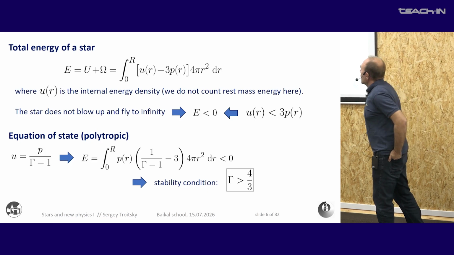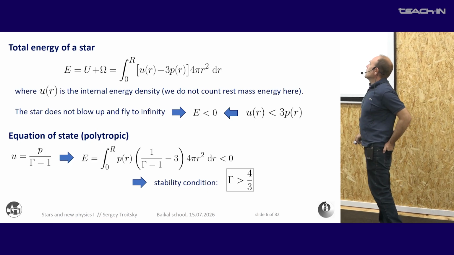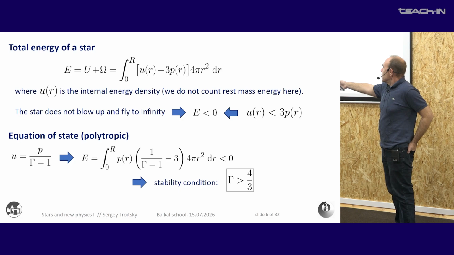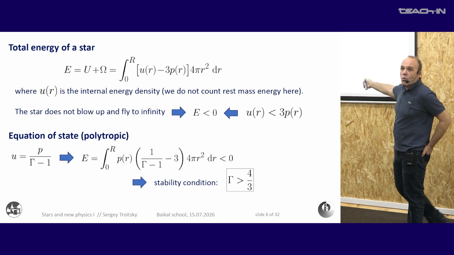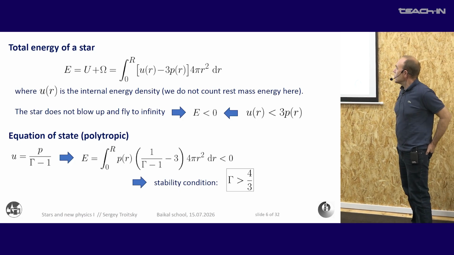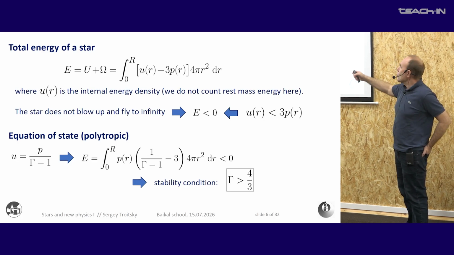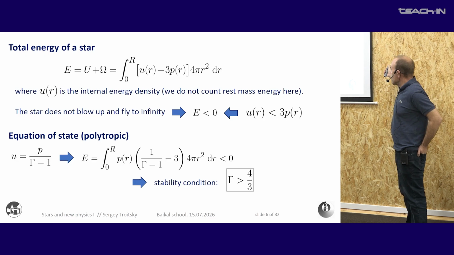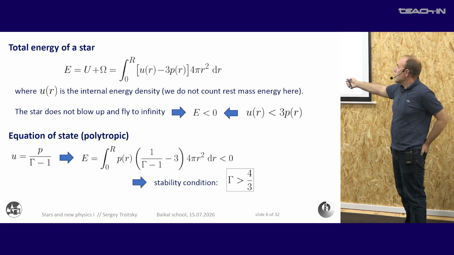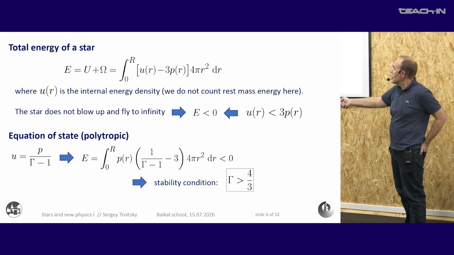You should remember from the first year of general physics that there are different equations of state, all relating pressure, density, and temperature, and they are often parameterized by the power law, which is called polytropic.